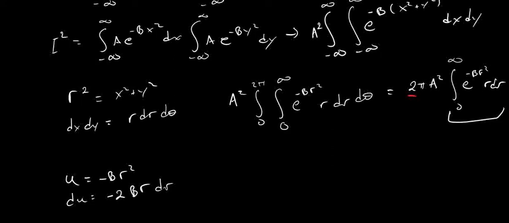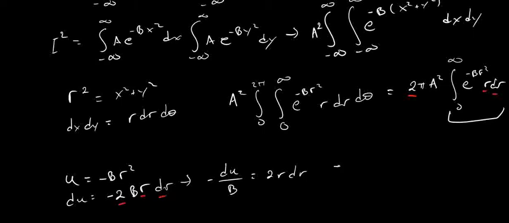We have our r dr, so we have these right here. So that means we're going to have to change r dr to negative du divided by 2b. And so we can do that.